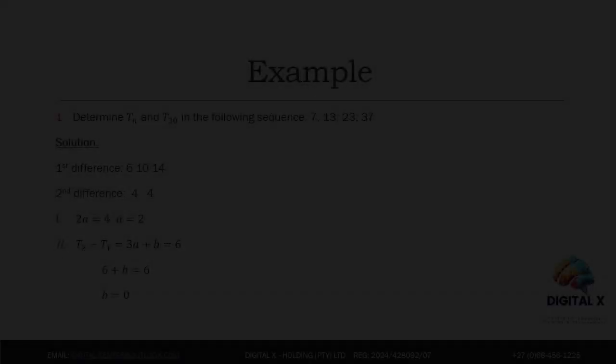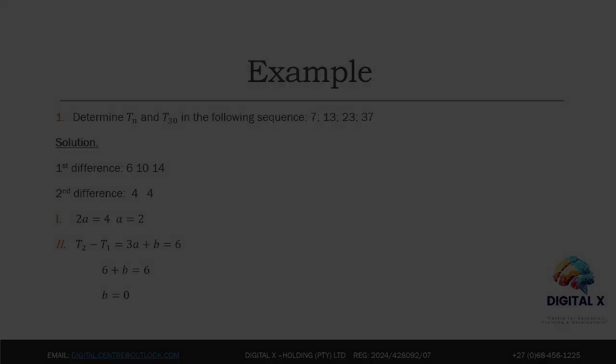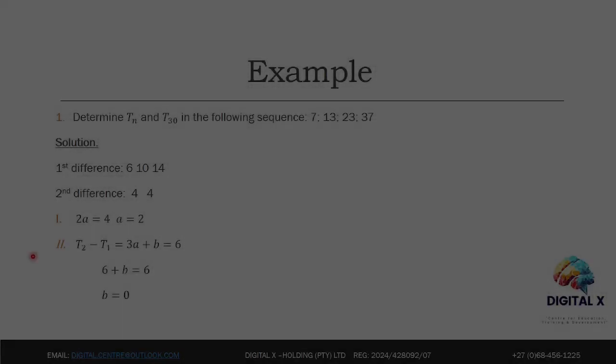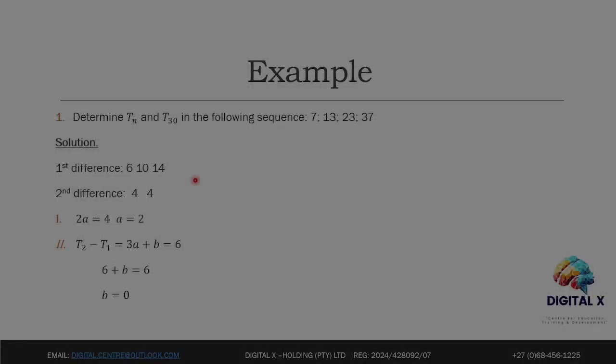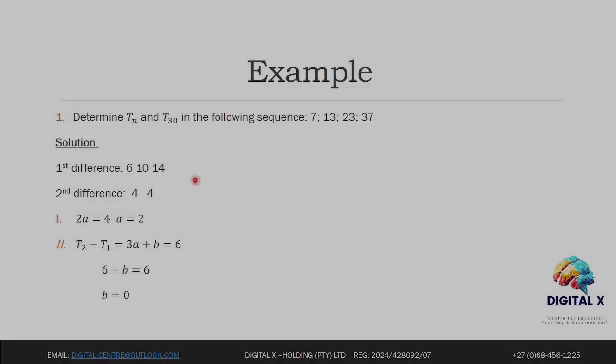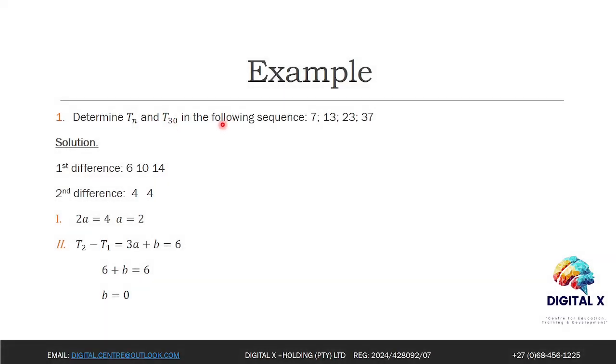Okay, so let's look at this example. Here we are requested to determine the nth term, or rather the general expression, as well as the 30th term of the given sequence.